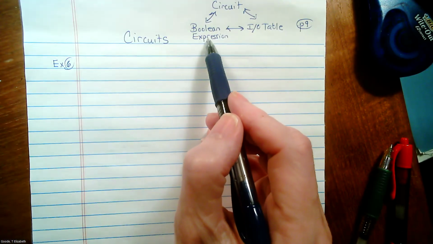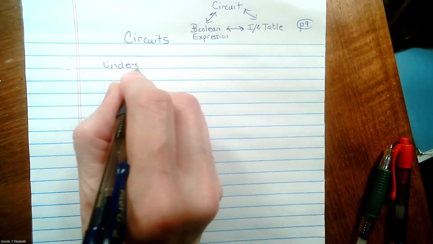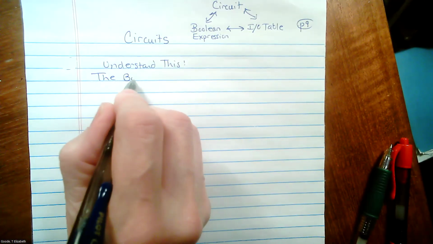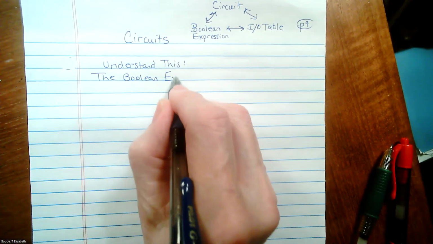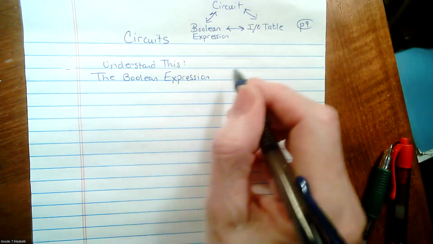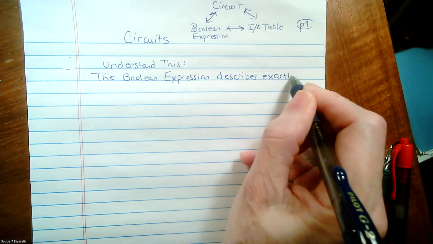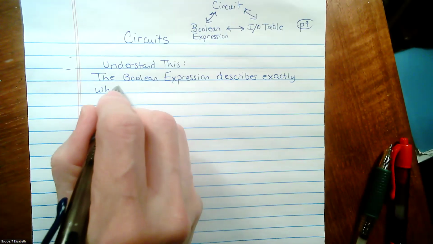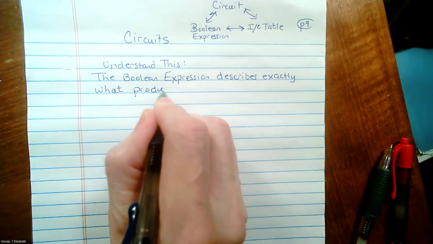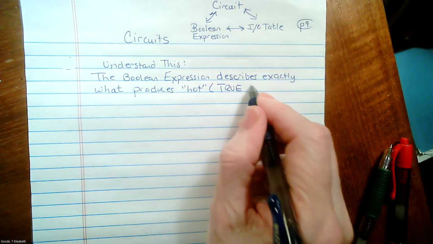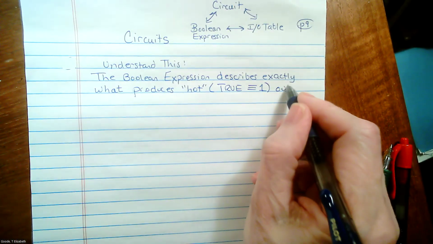The Boolean expression describes exactly what produces hot, which we mean true, which we mean 1, output.